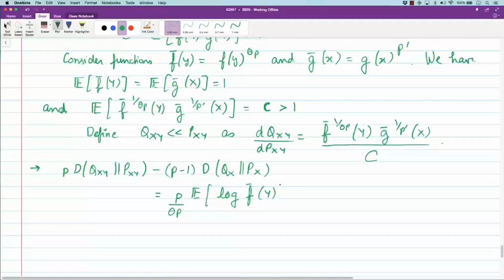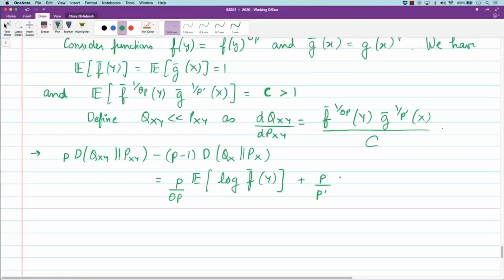That's the first term here. Plus p by p prime times the expected value of log g bar(x), and then p log c. Okay, this is the expected value of log of this density, that's what the divergence is.